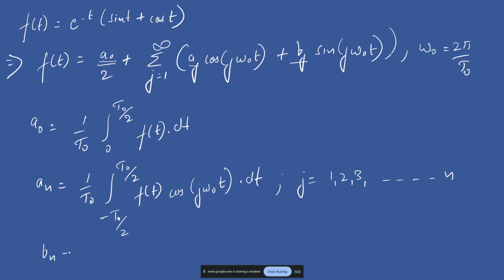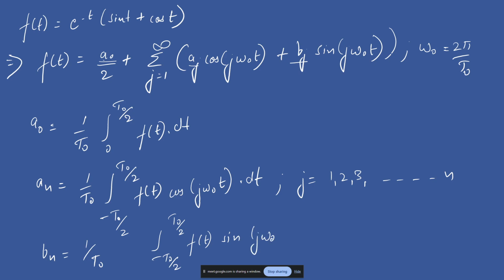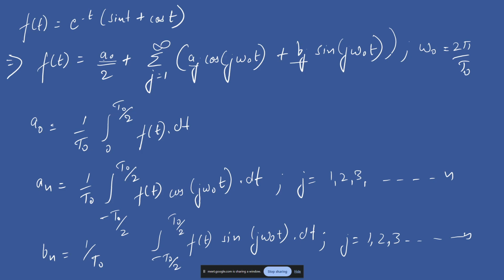Then for your bn you will have 1 by T naught, integral from minus T naught by 2 to T naught by 2 of f(t) sin(j omega naught t) dt, with j going from 1, 2, 3 up to n. So this is how you will be transforming any particular function using the Fourier transformation.